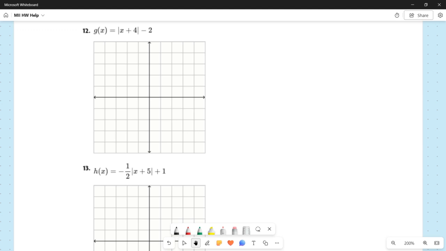In this context, I actually think it's going to be easier if we compare it to the parent function of simply absolute value of x. If we compare the parent function to g of x, and think about what were the transformations that happened to the parent function that is now giving us g of x, I think thinking of it that way in the long run is going to make our job easier.